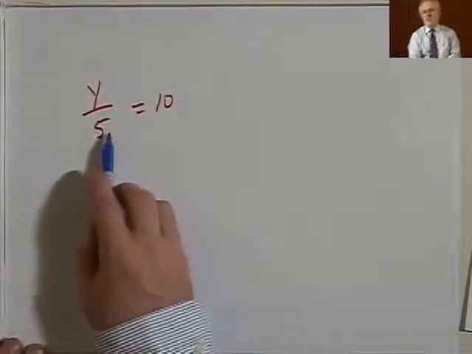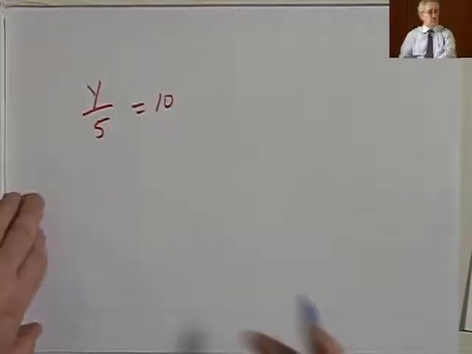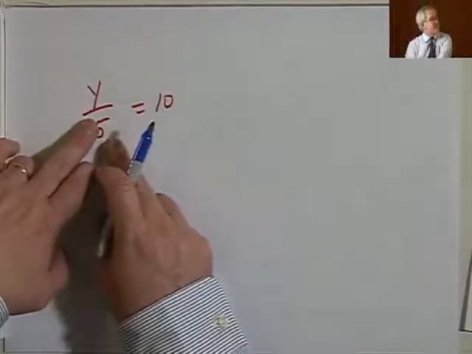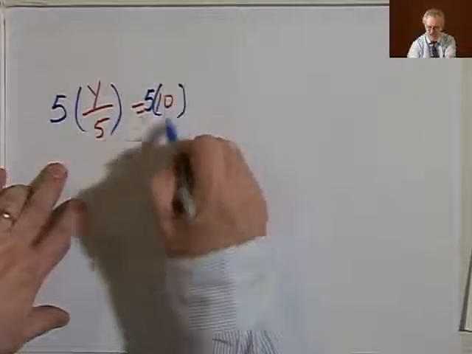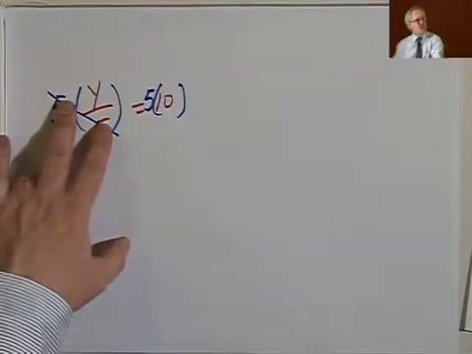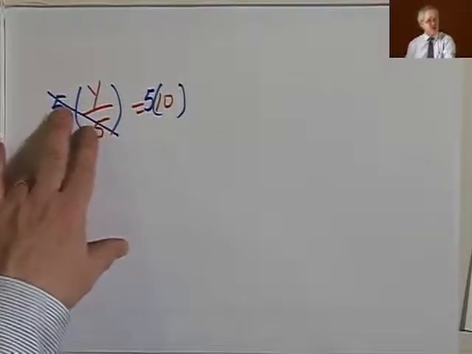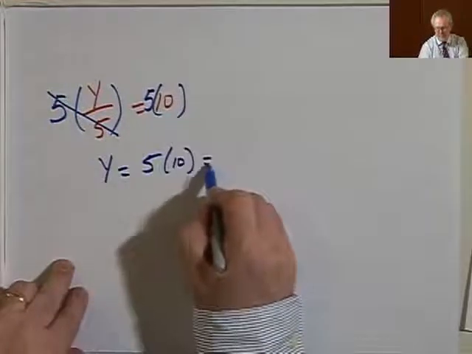But I don't like this 5 on the bottom. What gets rid of it? What gets rid of a divide? Multiply. So we say 5 on the top is 5 on the top. They cancel. They'll always cancel, because that's why you chose it. You chose the pair to get rid of it. So y is 5 times 10, which is 50.